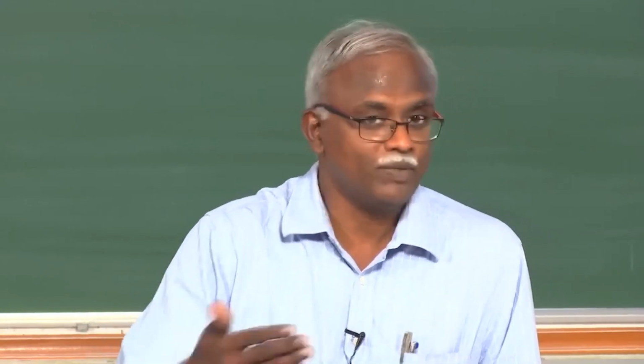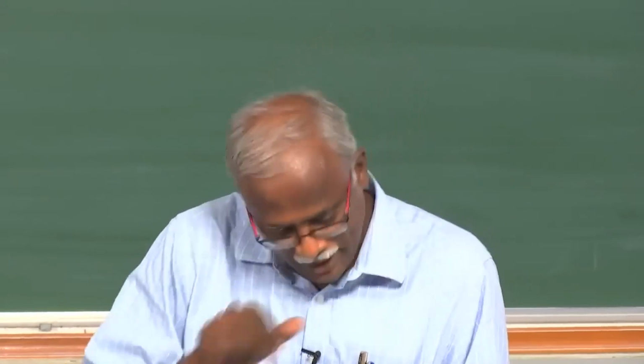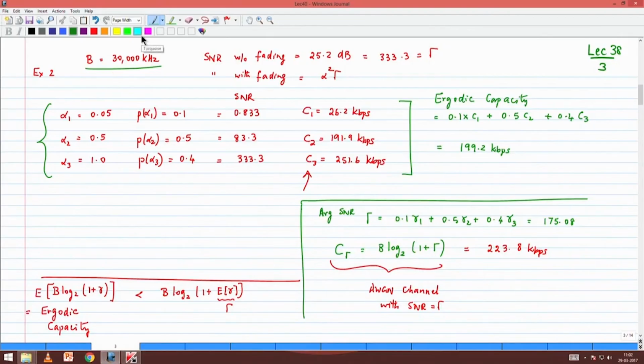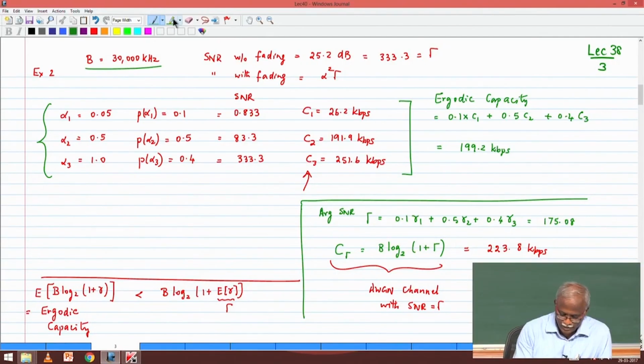So keeping in mind that capacity is not about channels with good SNR, because that you know how to get the benefit of. The challenge is how do you get the maximum out of channels which are not so good in terms of SNR. That's what we're going to be addressing today. But the example that we looked at had three states, three different probabilities, and that gave us a computation of two important quantities.